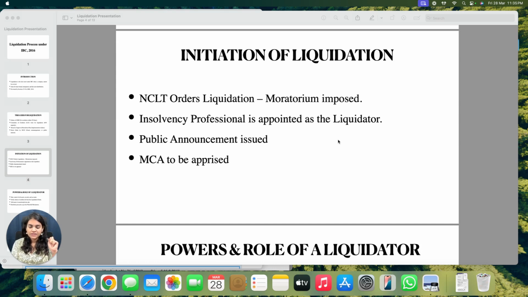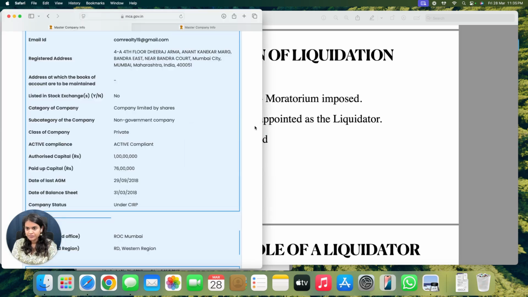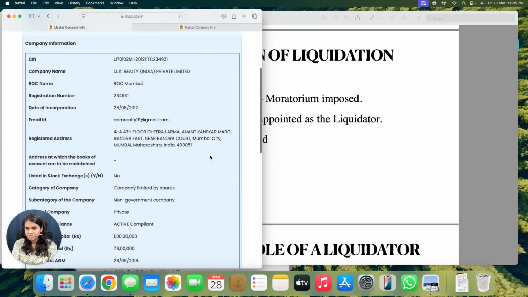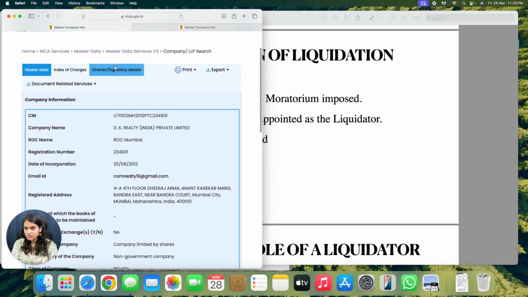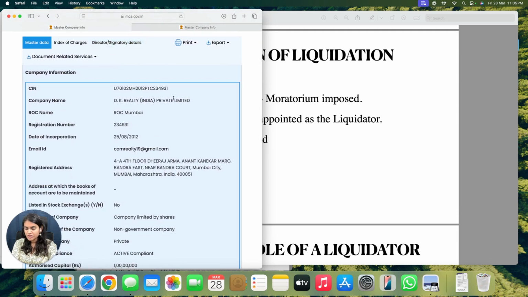Once the concerned registrar is apprised of either liquidation or CIRP, they will update it on the website. You can have a look at this. This is a company called DK Realty India Private Limited, and this is the master data information provided on the Ministry of Corporate Affairs website.